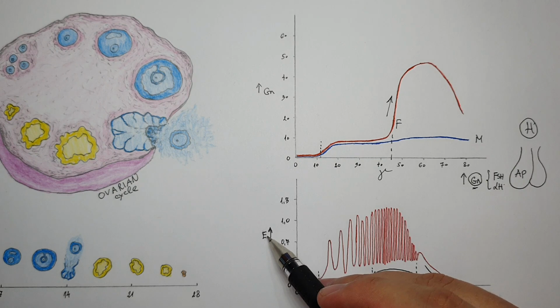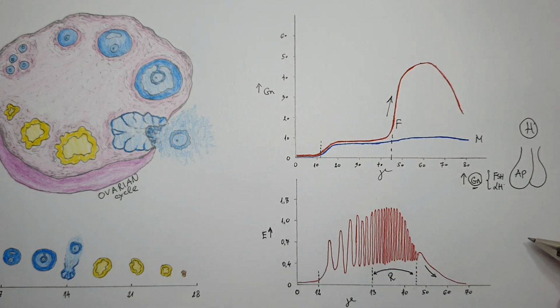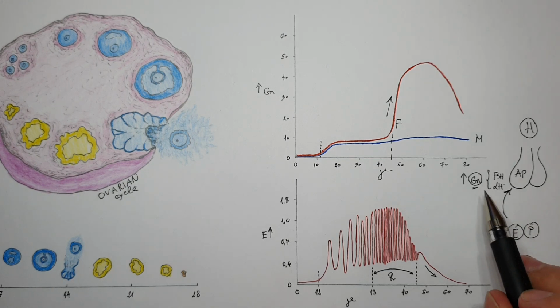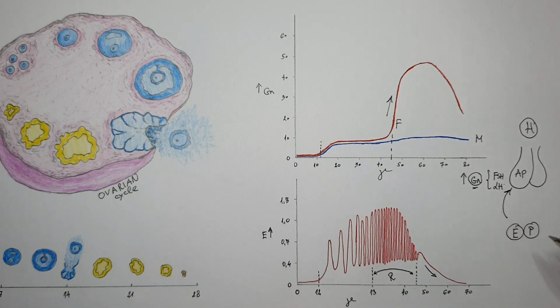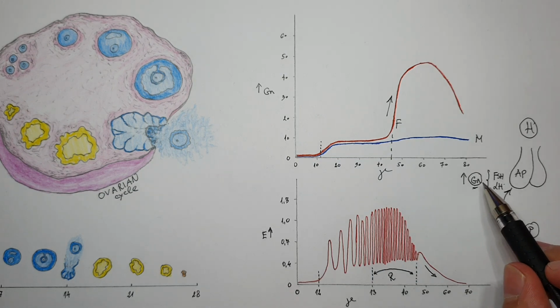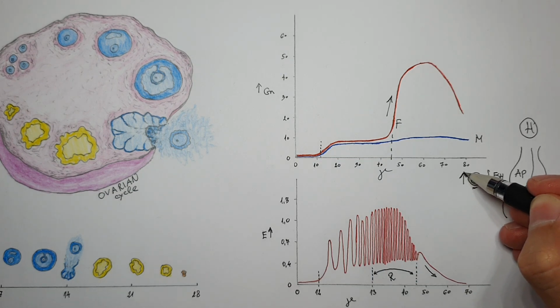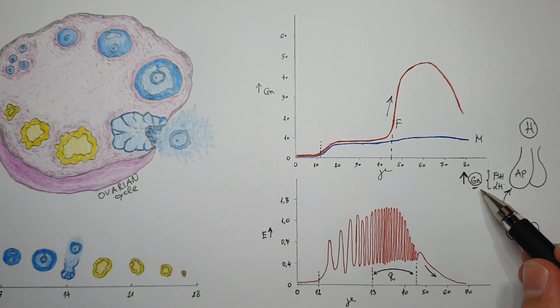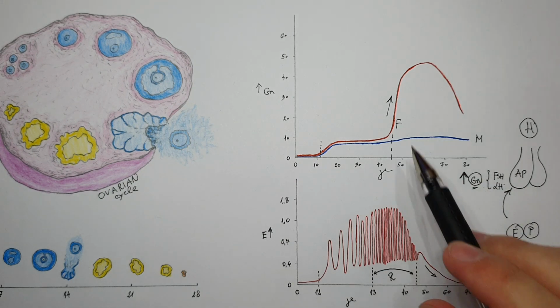Estrogen and progesterone have a negative feedback loop on the anterior pituitary. If they are high, they will suppress the secretion of gonadotropins. If they are low, the secretion of gonadotropins will be higher. That is what is happening here.